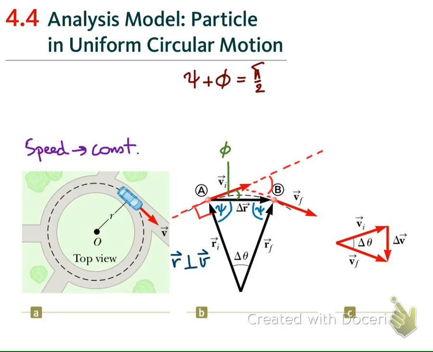Okay, this is because if you look at this figure, this angle is pi over 2, and when you add this angle with psi and phi, you must get the angle pi or 180 degrees. So we know that phi plus psi plus phi must equal to pi over 2.